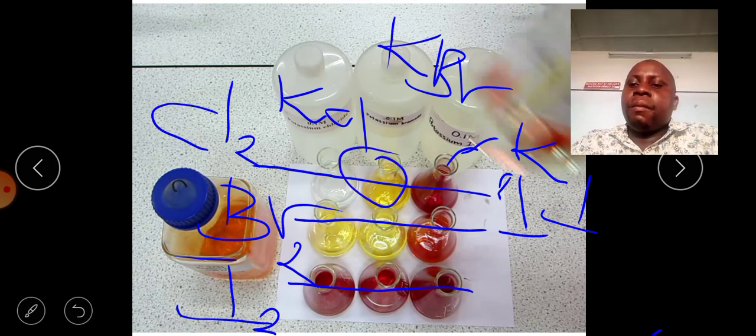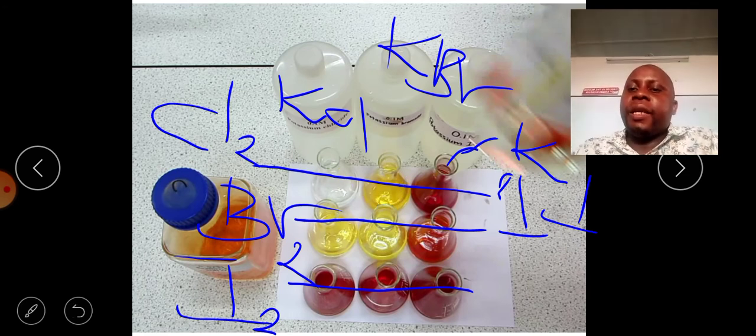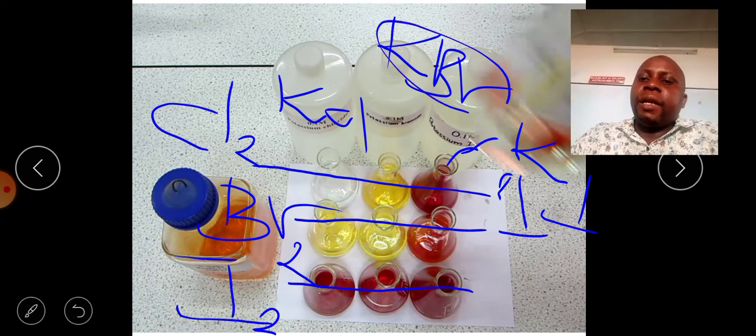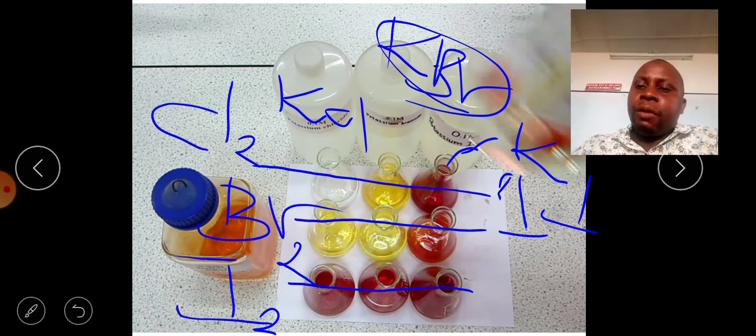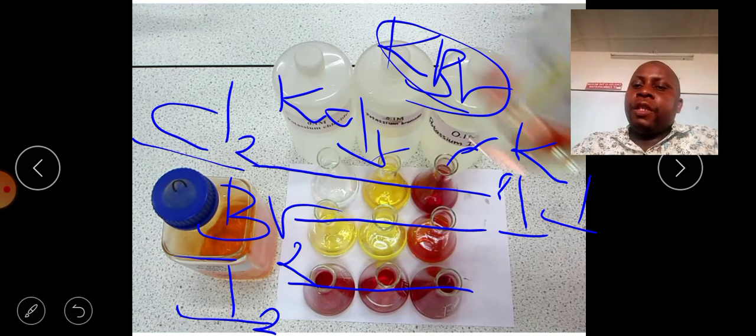Able to see? The solution was initially colorless because potassium bromide is colorless. Is it clear? But when you added chlorine, the bromine was liberated, hence there was formation of a yellowish solution.